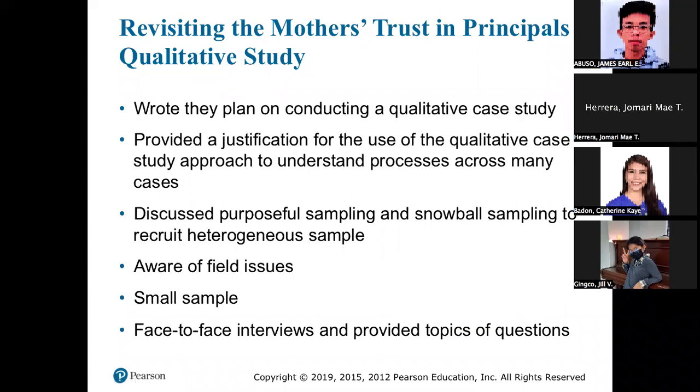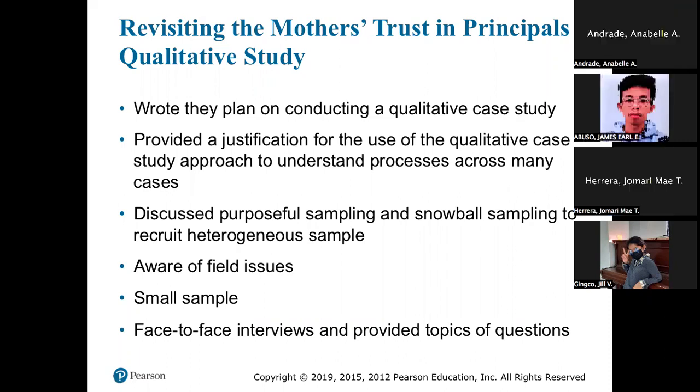First, they plan on conducting a qualitative case study, providing a justification for the use of the qualitative case study approach to understand processes across many cases, and discussing purposeful sampling and snowball sampling to recruit a heterogeneous sample, being aware of field issues, and also a small sample. And the last one is face-to-face interviews and providing topics of questions. Okay. So that's the last one.